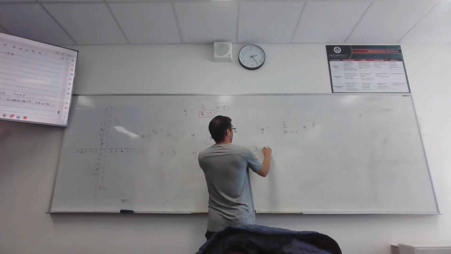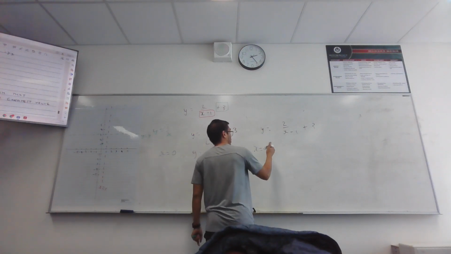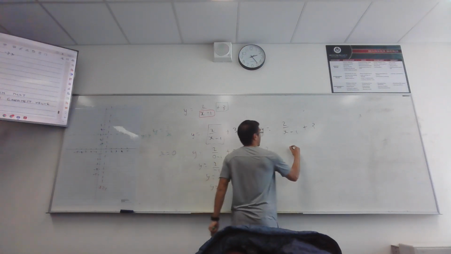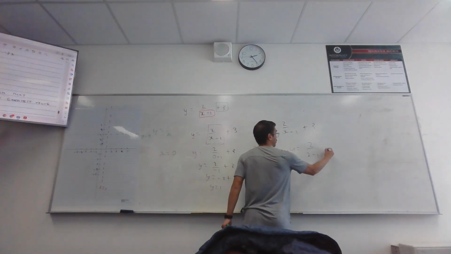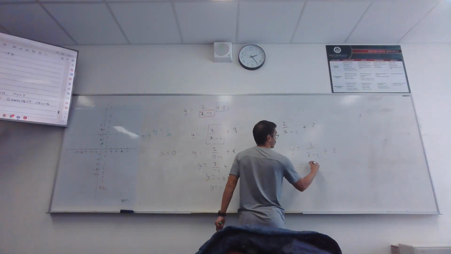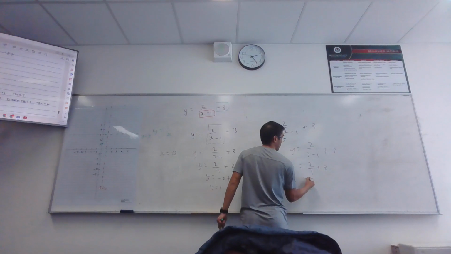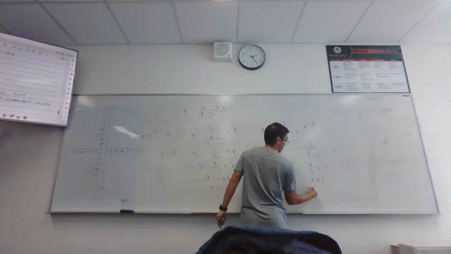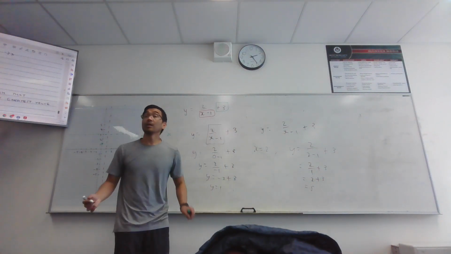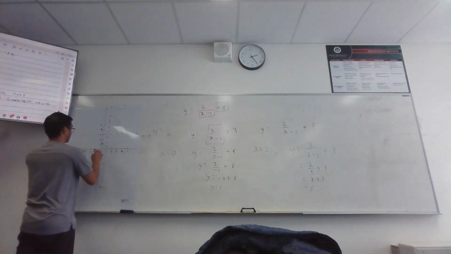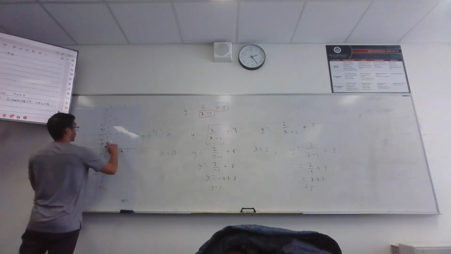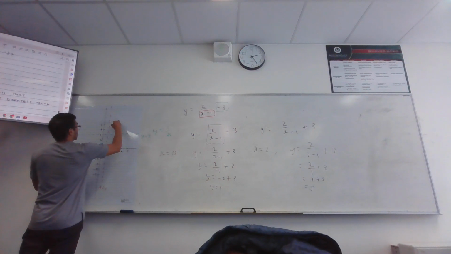Let's try 2. y equals 2 on 2 minus 1 plus 3 is 5. So we're going to put 2 and 5 in.